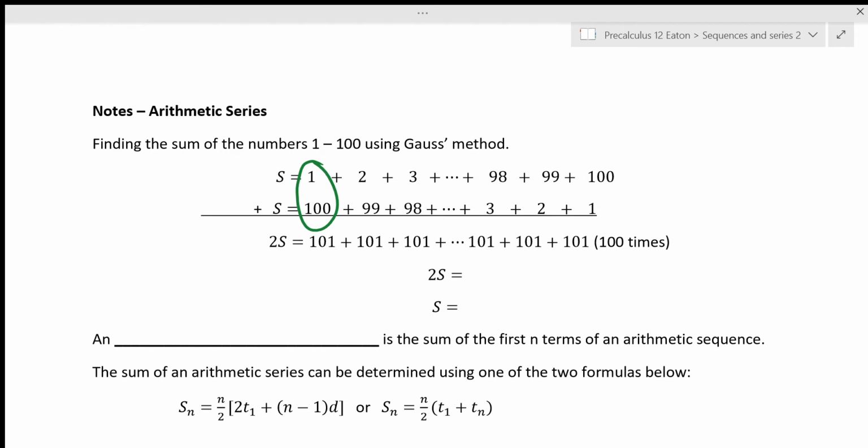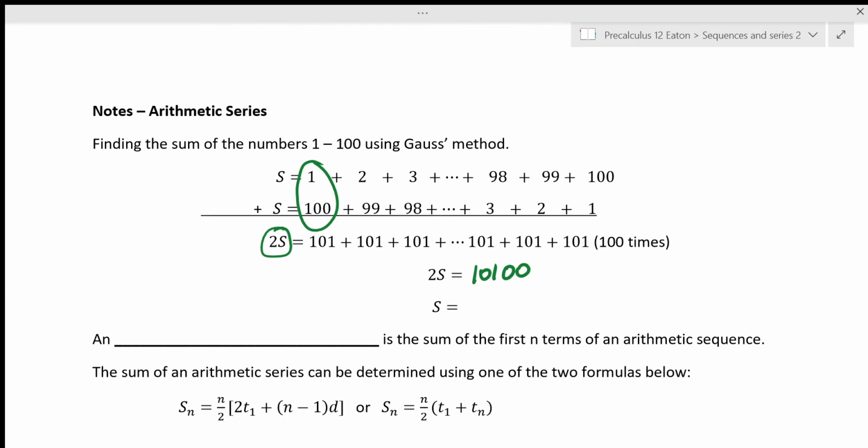Notice though, this answer that we get is going to be double what the sum is that we're actually looking for, because we're adding up 1 to 100 and then we're also adding up 100 to 1. So when we add 101 100 times, we get 101 times 100, 10,100. Didn't even need a calculator for that one.